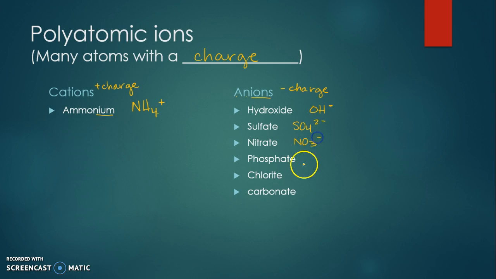Nitrate is NO3 with a -1. Phosphate is PO4 with a -3. Chlorite is ClO2 with a -1 charge, and then carbonate is CO3 with a -2 charge. These are just some, not many, but I'll give you a list in class.